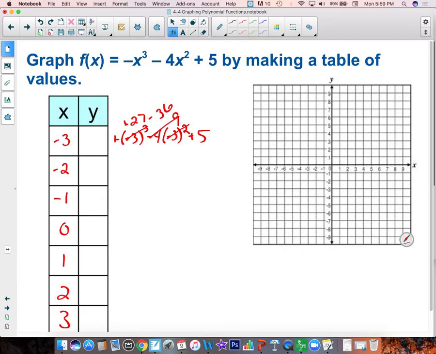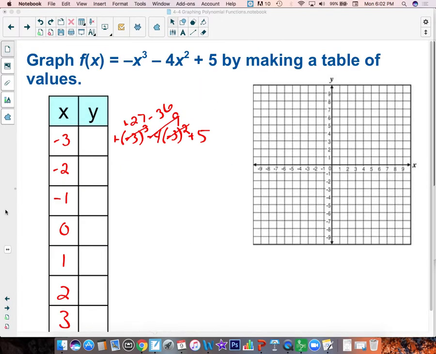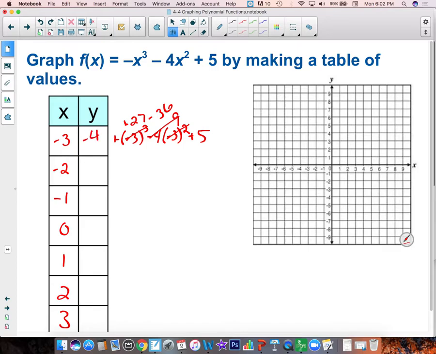And then we have that +5 on the back end. So it's 27 minus 36, that would give you a -9 plus 5, that's -4.